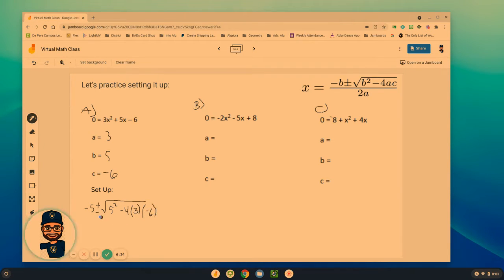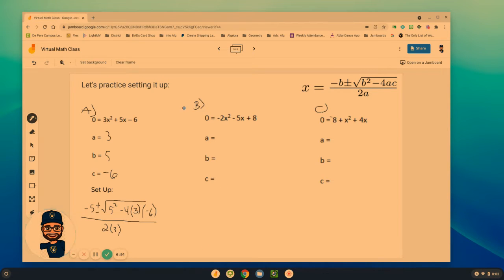And that entire piece is being divided by 2 times a, twice a, which is 2 times 3 for this problem. And then we're going to learn eventually how we can go to decimals, or how we can do a lot of that by hand to solve. That's all we're doing for right now, though, on this slide.